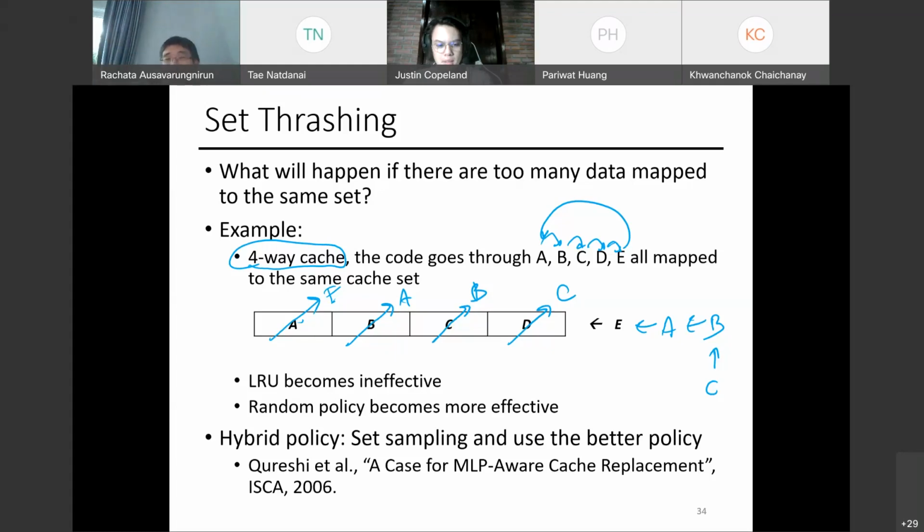Then we resample after, say, 5,000 or 10,000 instructions to make sure we adapt to the change in the code. It was proposed back in 2006. There are also many other different proposals on how to manage cache replacement. If you're curious, let me know.